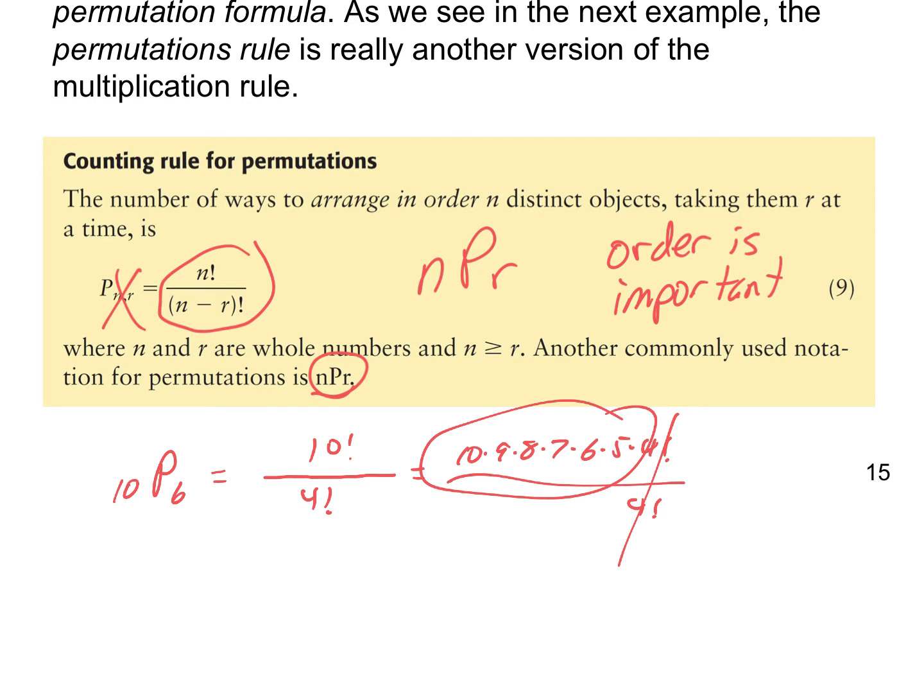I don't want to do that. I'm letting you use your what? You simply type in a 10, go to math, scroll over to probability, hit the P key, hit the 6 key, hit enter. So I'm going to do that. 10, math, scroll over, hit the P key, which is the 2 key, hit the 6 key, hit enter, and it spits out 151,200.